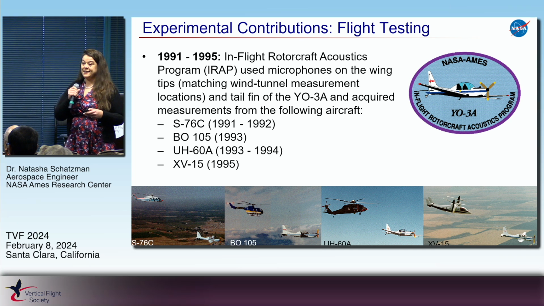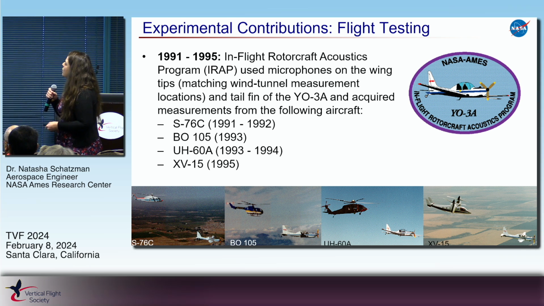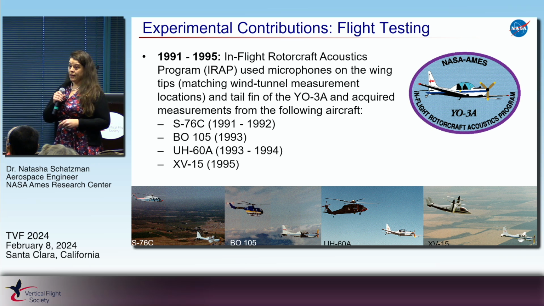All right, that success fed into the in-flight rotorcraft acoustics program, or IRAP. A similar method, but this time they placed microphones on the tips of the airplane and the tail fin of a YO-3A, another quiet aircraft, and acquired measurements. They did this several times.